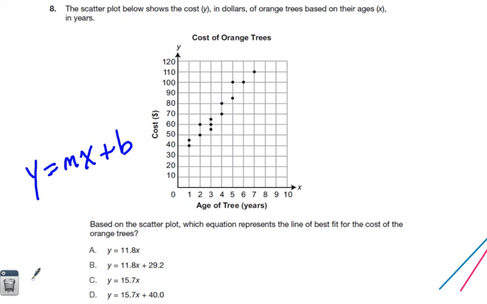Nice. I mean, we like that. And all you really got to do is think about the line of best fit, the line that would go through these scattered points on this scatter plot. The equation needs to have the correct m and the correct b. Of course, for the 10th time, m is the slope and b is the y-intercept, okay? So that's all you really got to do.